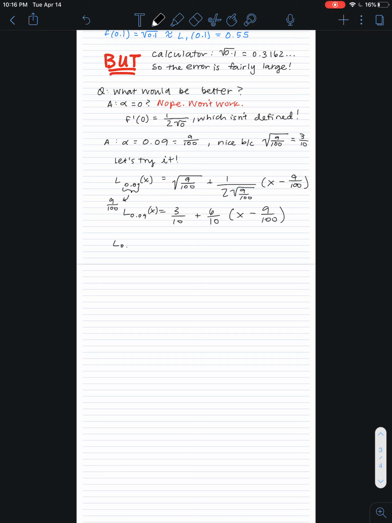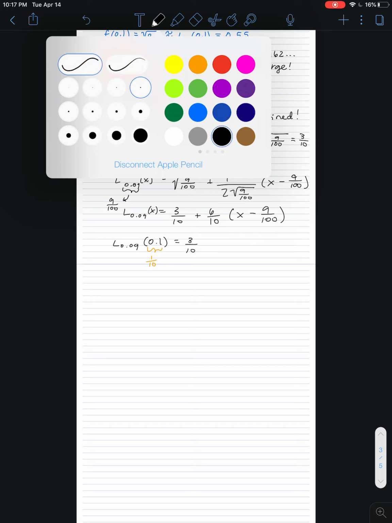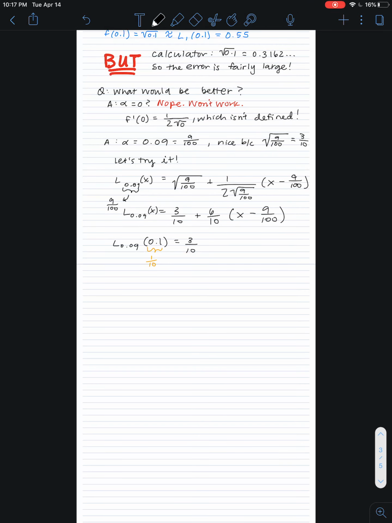Then we're going to plug in what we're estimating, which is 0.1, and we get 3 over 10. Also note 0.1 is the same as 1 over 10, because we're going to use fractions since they're easier to work with. We get 3 over 10 plus 6 over 10 times 1 over 10 minus 9 over 100.